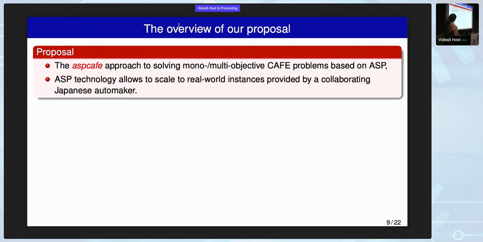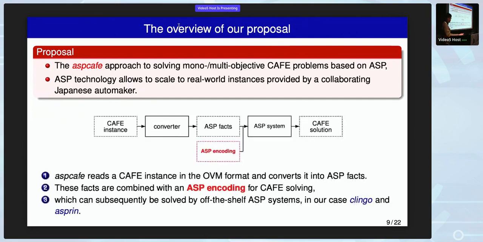We propose the ASP CAFE approach to solving mono and multi-objective CAFE problems based on ASP. And we show that ASP technology allows us to scale to real-world instances provided by a collaborating Japanese automaker. This is the architecture of the ASP CAFE system.